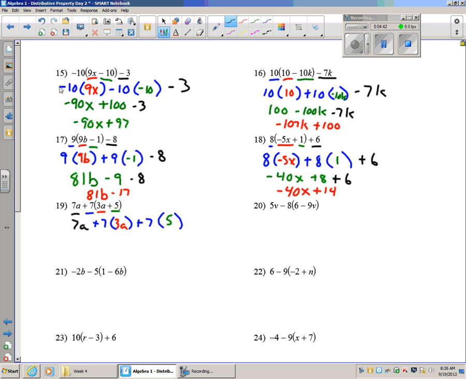The 7a just drops down. And 7 times 3 is 21a. And 7 times 5 is 35. When you combine like terms here, the 7a and the 21a gives you 28a, and then plus the 35.